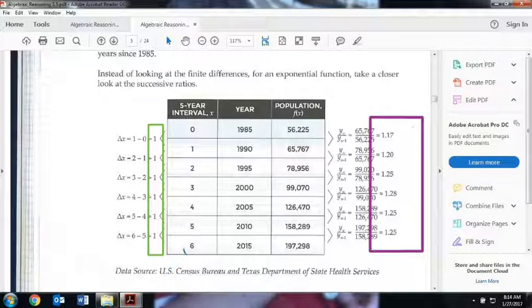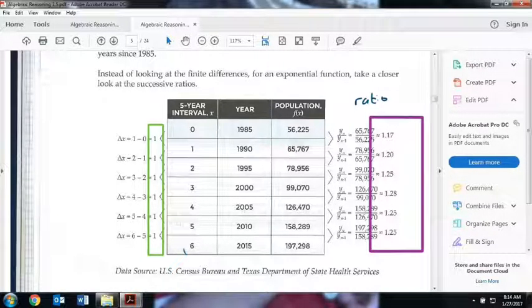So what we're going to do is find an average ratio. Now that's changed. We want to find the average ratio. And they show you how to do that, which you already know. You add them up and divide by how many there are.